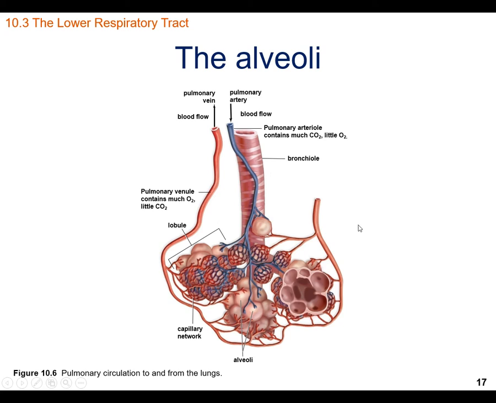Here's an image of the alveoli. You can see where you've got that little tiny bronchiole that is carrying the air out to these little outpouchings, or these alveoli, these little sacs. And each sac is lined with capillaries. And we can see that the red capillaries are leaving and heading back towards the heart. The blue ones are coming away from the heart.